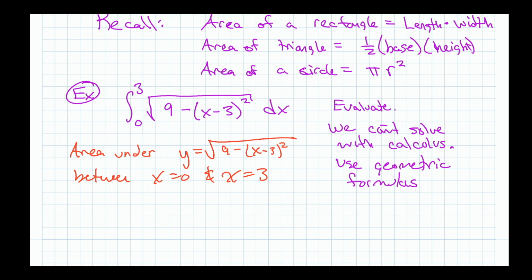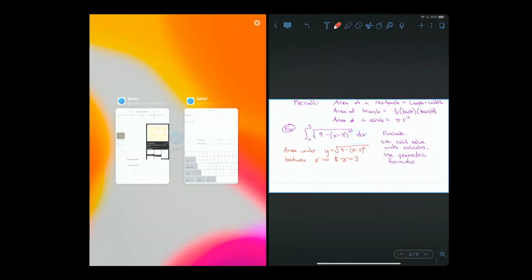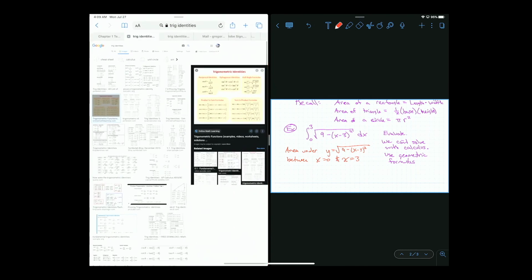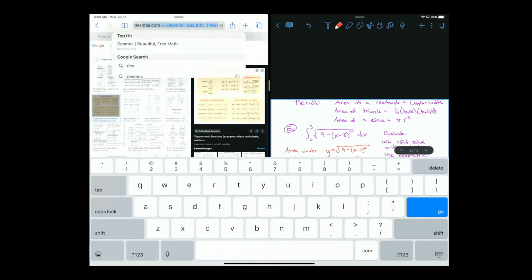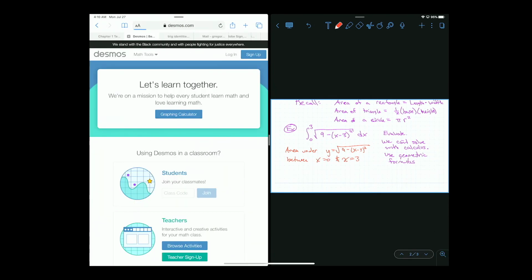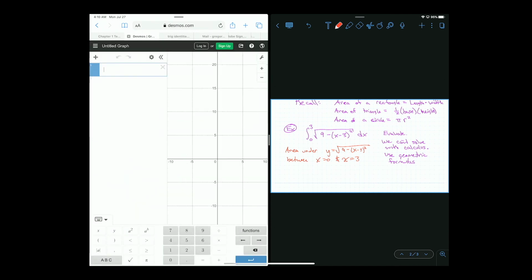So let's look at Desmos here. Graphing calculator. Y equals square root, and under the square root, 9 minus parentheses x minus 3 close parentheses squared.